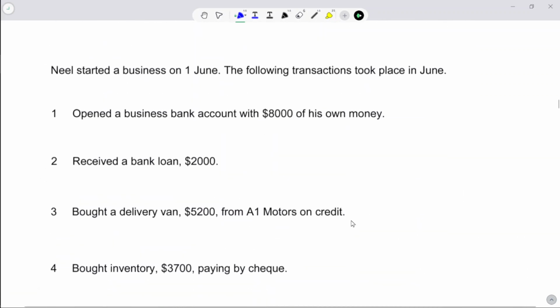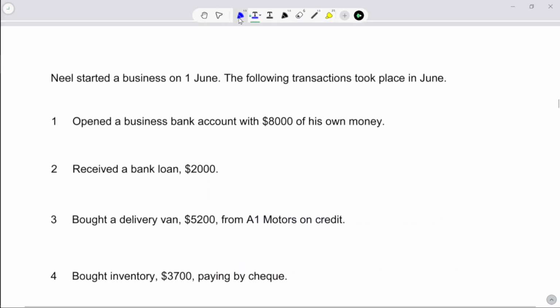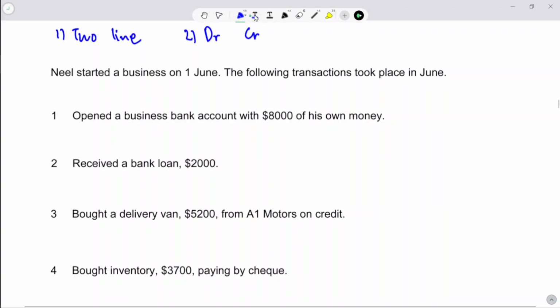First we need two lines. Then we debit, credit. First two lines.